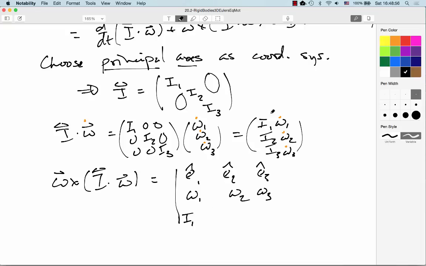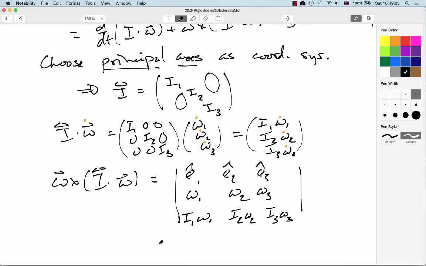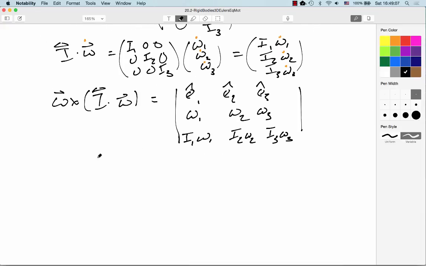Last row will be I1 omega 1, I2 omega 2, I3 omega 3. Let's do something different. Let's go ahead and expand the minors just to have fun with that. So we're going to get an E1.